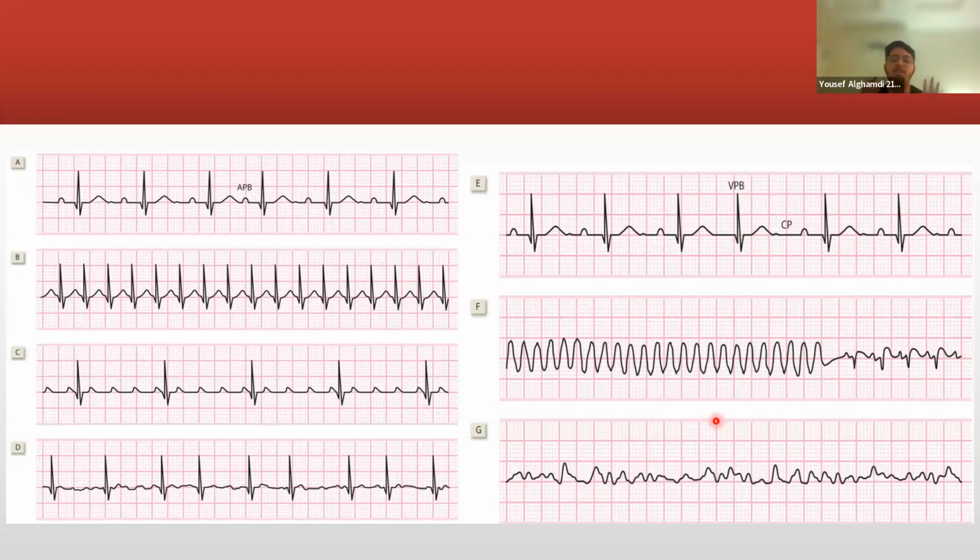VFib is very clear because I think of it like a child holding a pen and going like this. It's so messy. VFib is messy. This is kind of like someone actually trying to make it look proper. So this is V flutter. To me it looks like VTAC, but I think with VTAC the QRS would be wider. So this is a V flutter, and this is VFib.